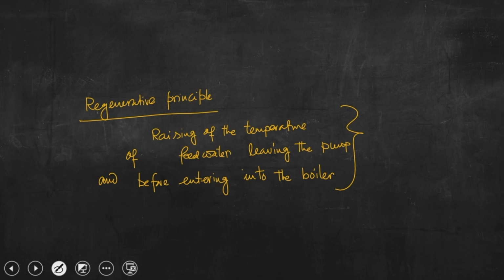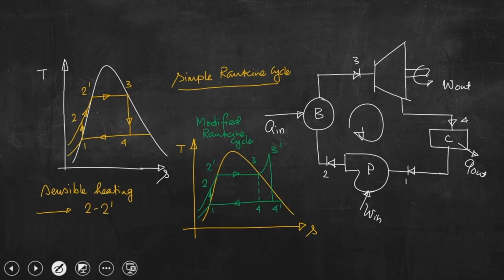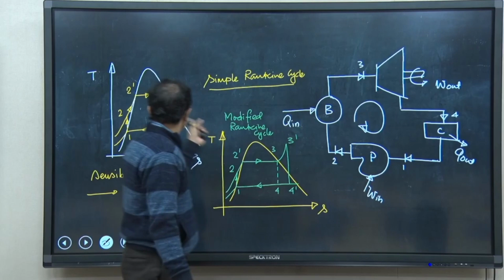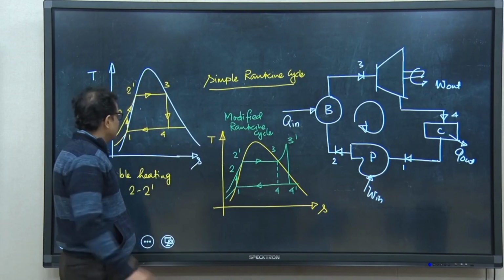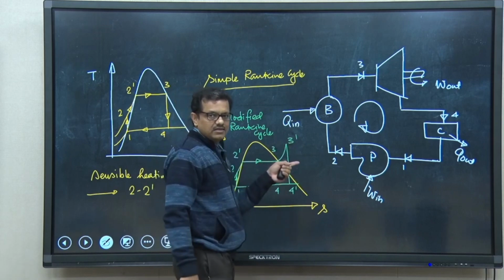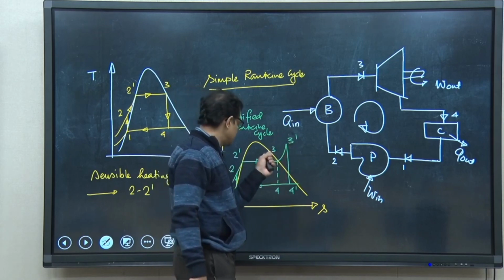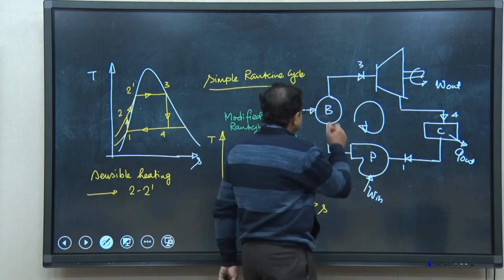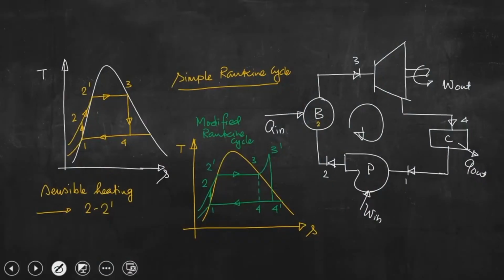You know what we can do? Try to understand, inside this 2 to 3 that we have seen from the schematic depiction, from 2 to 3 or 2 to 3 prime, whether it is superheated even beyond 3, one point is there inside the boiler, that is 2 prime.